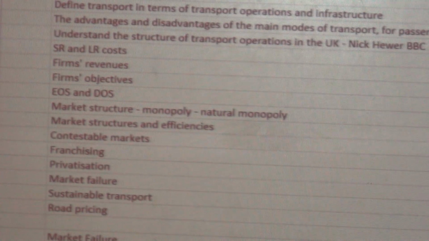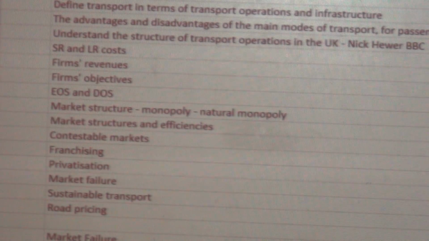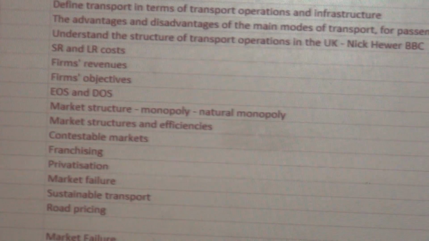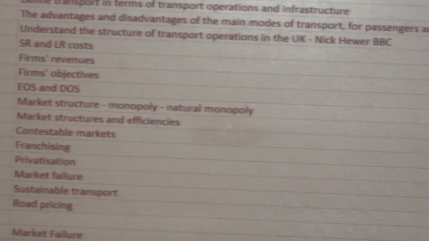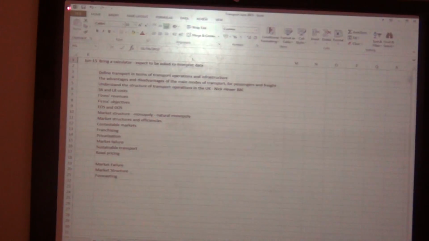The issue of regulation hasn't been on before, so maybe that's an area to look at. Sustainable transport policy is always a potential for an essay question, and then the whole issue of road pricing. Again, likely to come up, I think, certainly more likely than it has been in previous sessions.